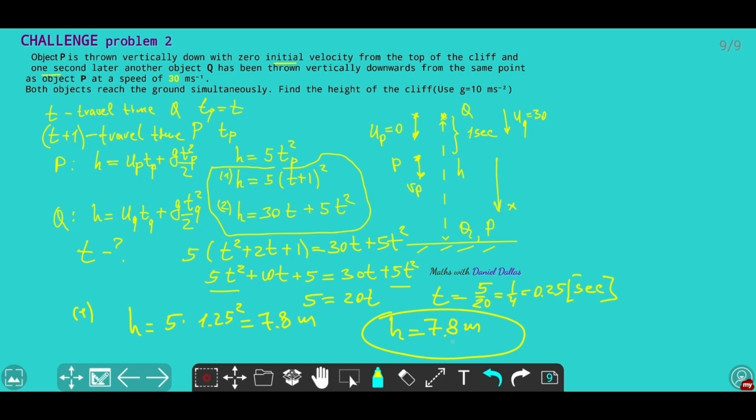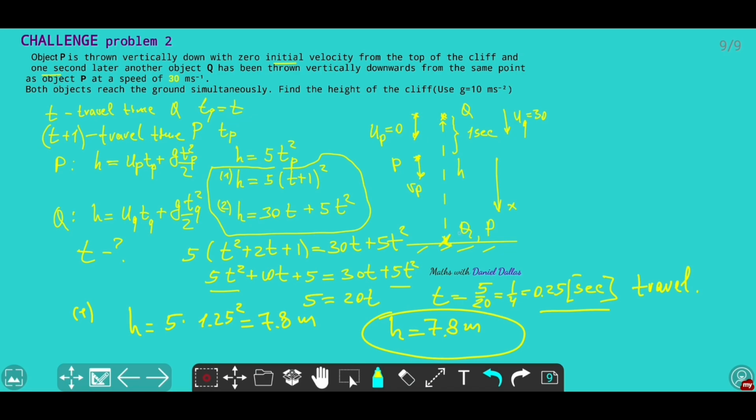As you can see, if you're supposed to find also the travel time, for example, for object P or for object Q, you already have this. So that's the travel time for Q, and with no doubt, by adding 1, you can find the travel time for object P. That's not actually a problem. On top of that, we can expand this problem and calculate, for example, their velocity just before the fall, right?